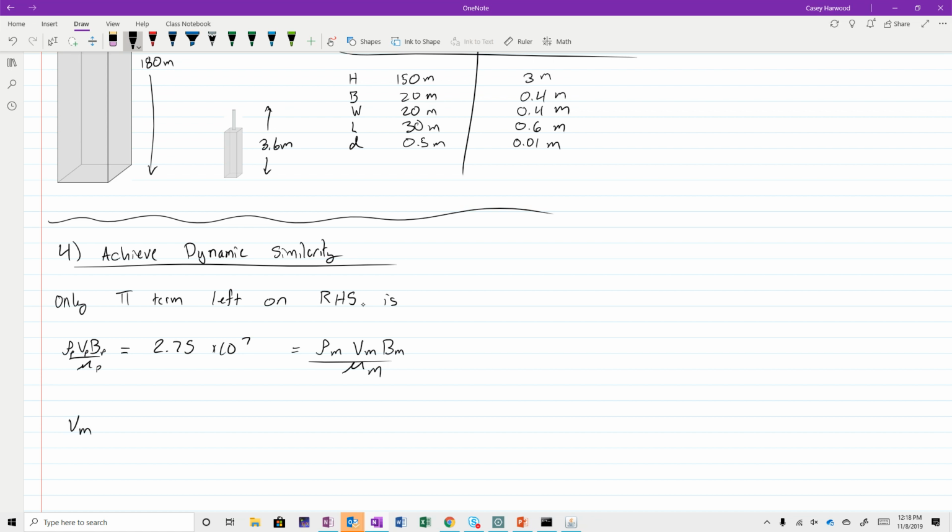Vm is equal to rho p over rho m times Bp over Bm times mu m over mu p times Vp. This is just solving this up here for our model scale velocity.